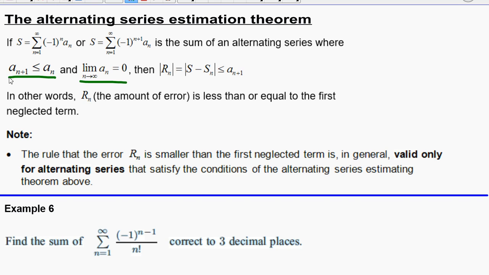Remember, we're focusing on the amount of error, and we're saying that it's less than or equal to the first neglected term. Now remember, this theorem only applies to alternating series. It's valid only for alternating series.